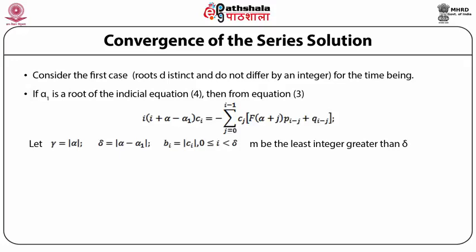Let γ = |α| and δ = |α − α1|. Let Bi = |Ci| for i going from 0 to δ. Let m be the least integer greater than δ.